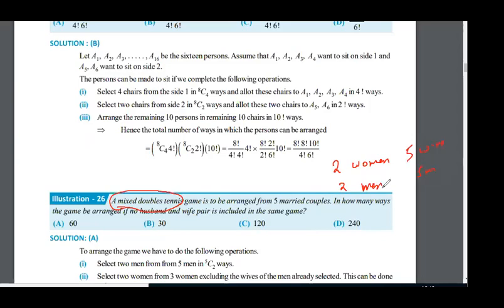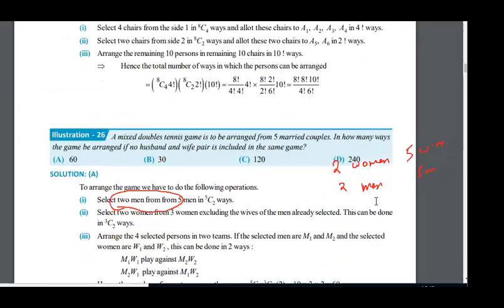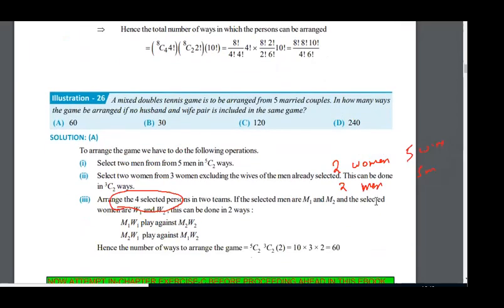So isn't it easy? Tell me, isn't it easy? Yes or no? So basically it is 5C2 into 3 into... Okay, and it is also said that no husband and wife pair is included in the same game. If you do 5C2 into 5C2, it means husband and wife can also be there, right, everyone?